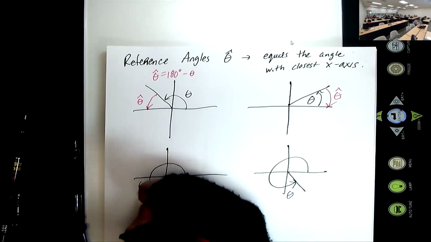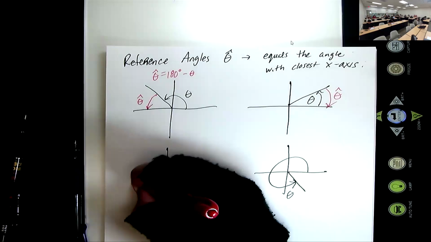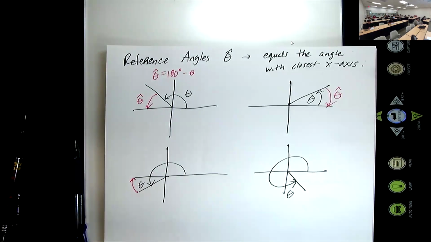If I'm on this line right here in quadrant three, the closest x-axis is going backwards.